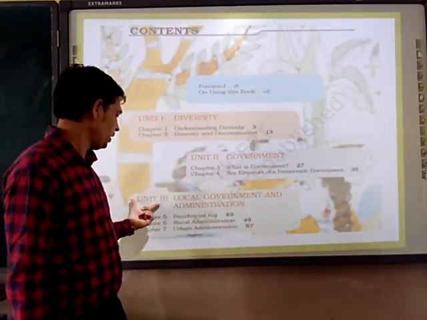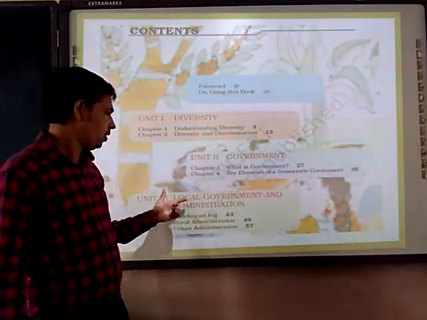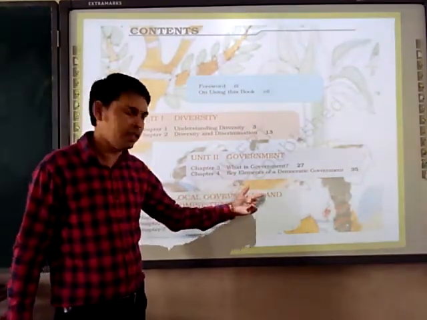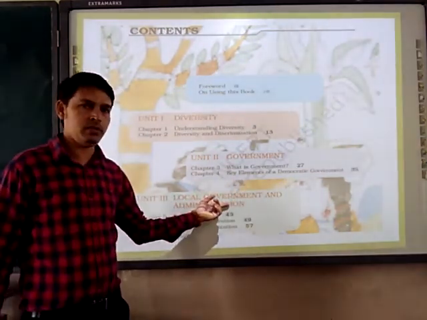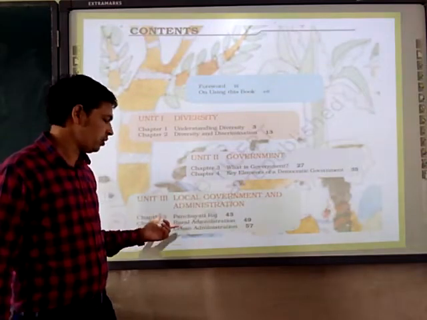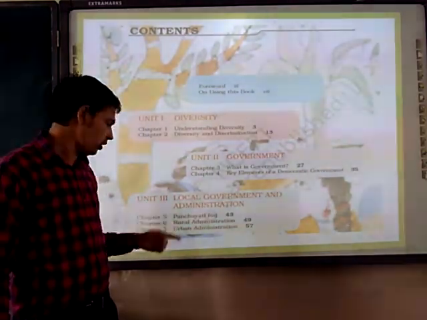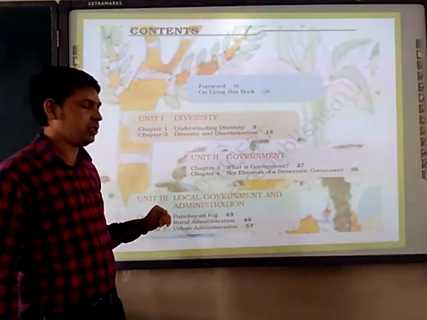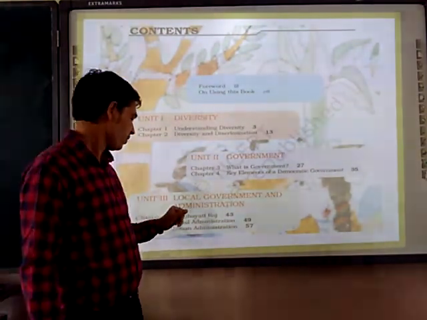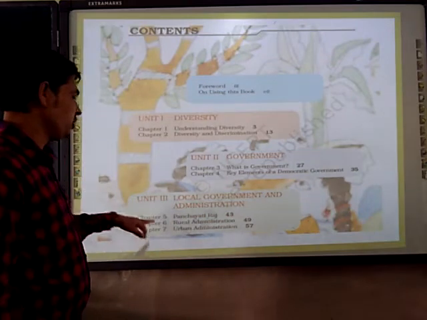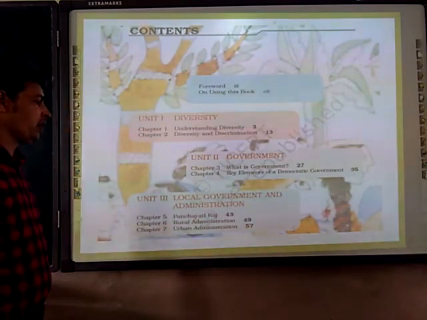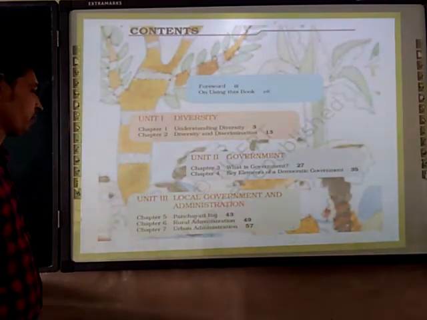Next, in the third unit we will see local government and administration. In that we are going to see the Panchayati Raj system, rural administration and urban administration.